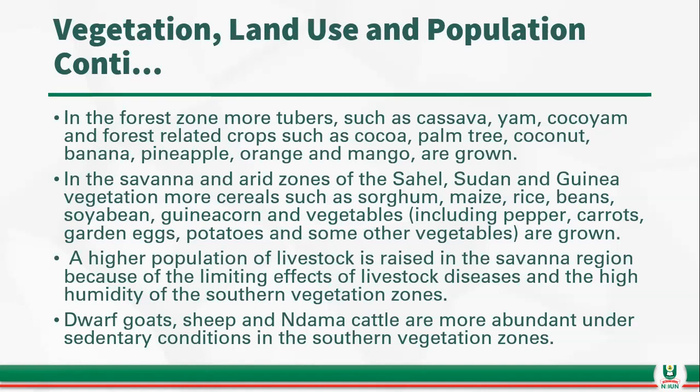So because of that, they are more, and of course, in those areas, there are more grasses too. However, during the very dry season, they still bring their cattle towards the south, where they can have more grasses to feed the animals. So dwarf goat, sheep, and Ndama cattle are more abundant under sedentary conditions in the southern vegetation zone.